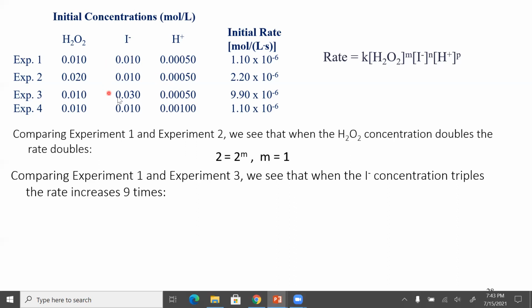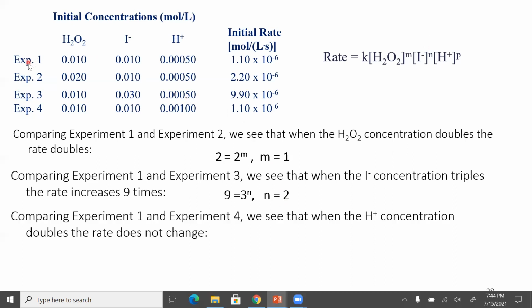The iodide is tripling. And the rate is going up by 9 times. So if the rate goes up by 9 times and the concentration is going up by 3 times, we can find that iodide is a second order reactant. So we can fill that in. So hydrogen peroxide is first order. Iodide is second order.